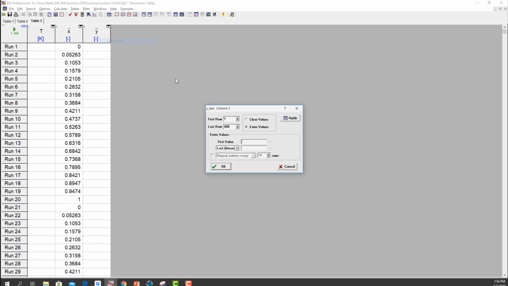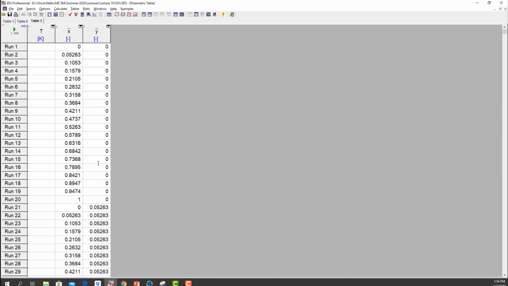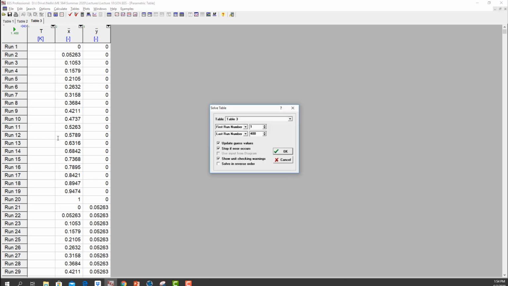So I can do that too, right? I go here, and now instead of repeat pattern every 20 rows, I want to apply the pattern every 20 rows, like that. We'll go from 0 to 1, and now you can see all of these are at 0, and then 0.053, and so forth and so on. So now I have a grid actually that goes over my entire computational domain. I can solve this table.